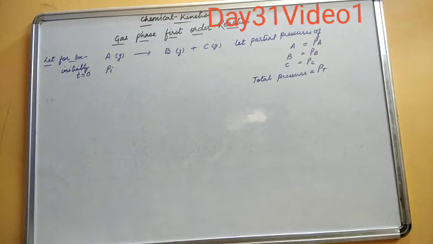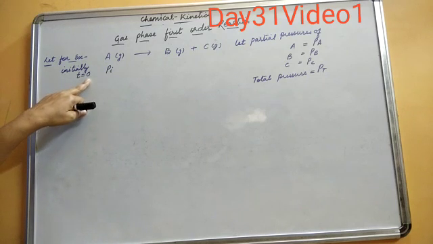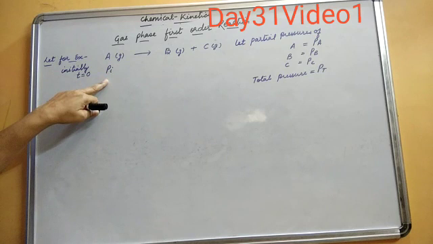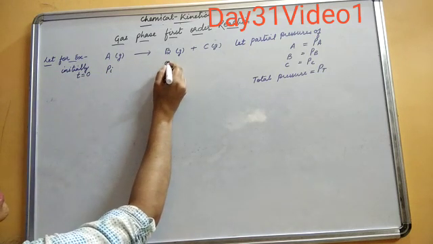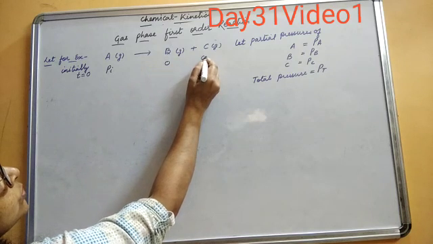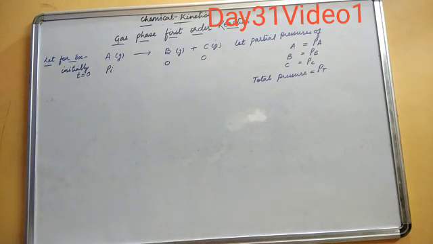It means in the starting of the reaction, when time t equal to 0 seconds, the initial pressure of A is taken as Pi. And at that time, the reaction has just started, so the pressures of B and C are 0. Units of pressure we can take in atmosphere or bars. So let it be atmosphere.